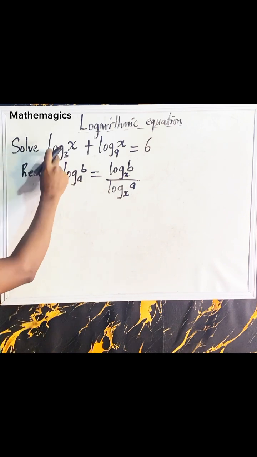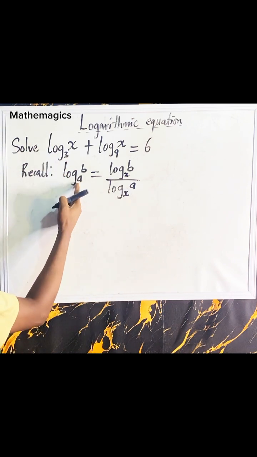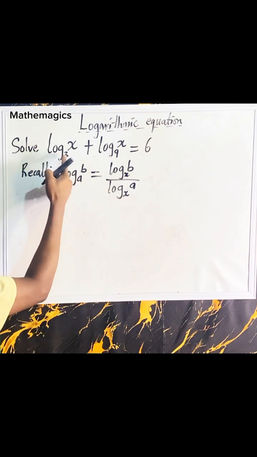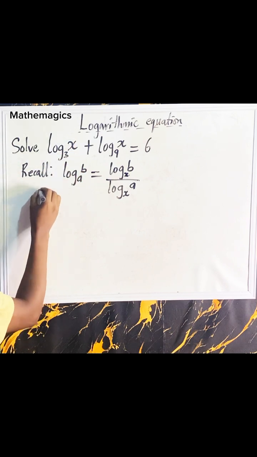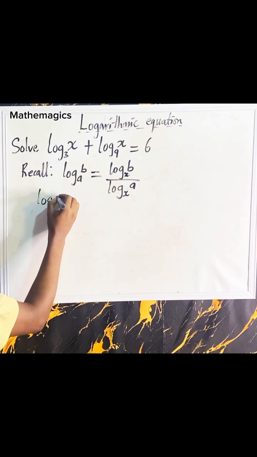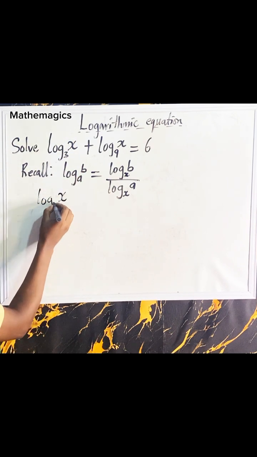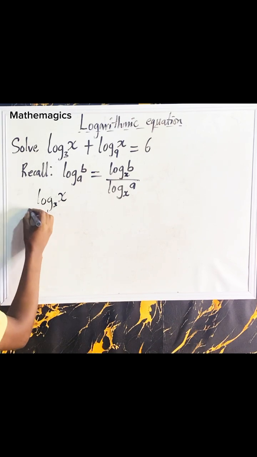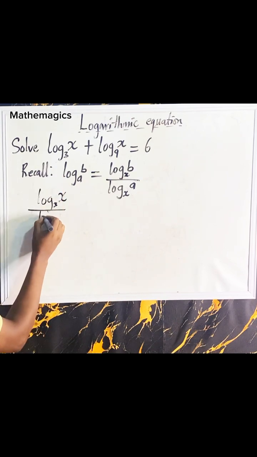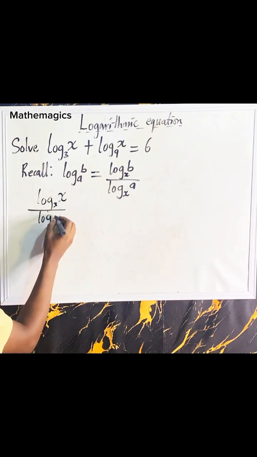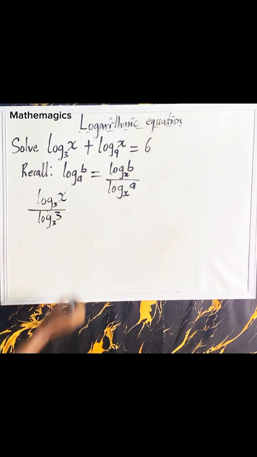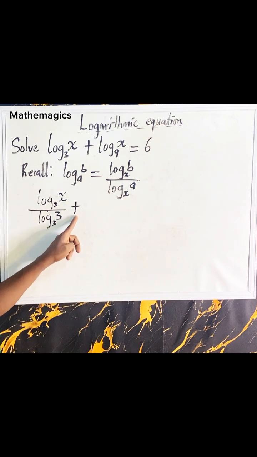Now, if that is the case, then log to base 3 of x will now be log of x, maybe let's assign it to base 3, over log of 3 to the same base 3. Then attach your plus sign.